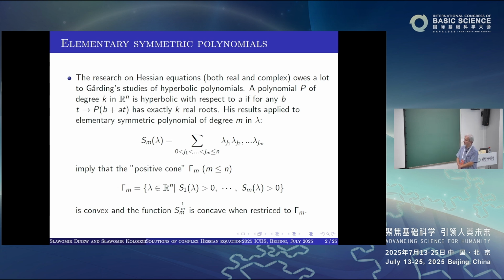In particular, the Gårding results imply that the positive cone Gamma_m, defined here, where you require that the symmetric polynomials are positive for all k between 1 and m. So in particular, he proved that this cone is convex, and the function S_m to the power 1 over m is concave when restricted to this cone.